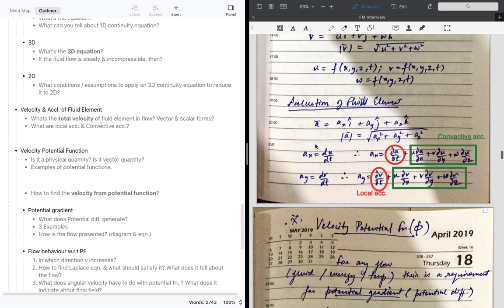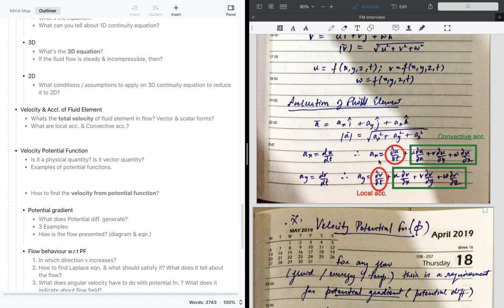So let's see the acceleration of the fluid element. The average acceleration in vector form is ax plus ay plus az. The scalar form magnitude is the same as for velocity, root of ax square plus ay square plus az square, and for each component, ax is equal to the differentiation of du by dt.